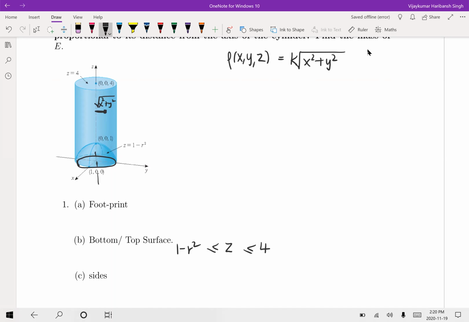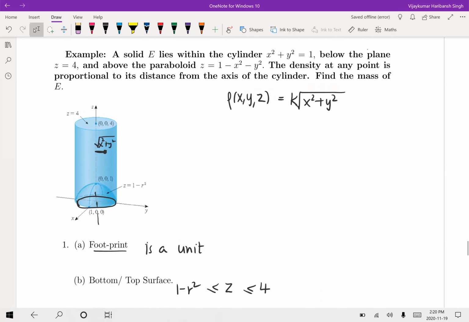And your footprint, the projection D, is a unit circle. If you look at the projection, you are at the cylinder, so x squared plus y squared equals 1 is a unit circle.